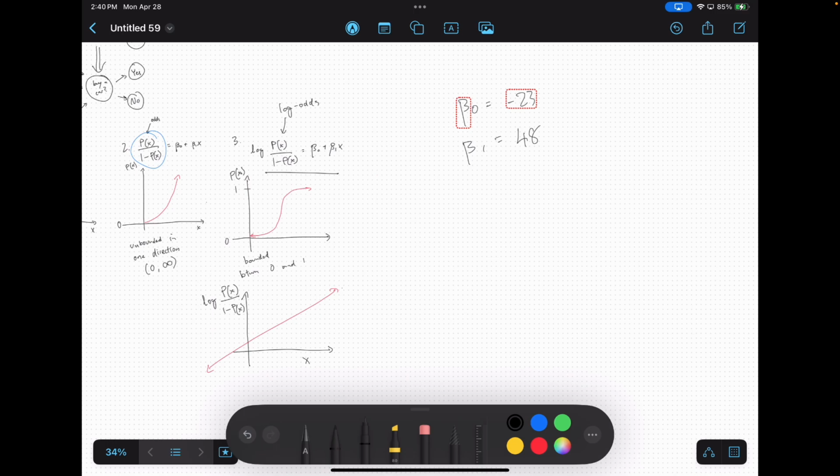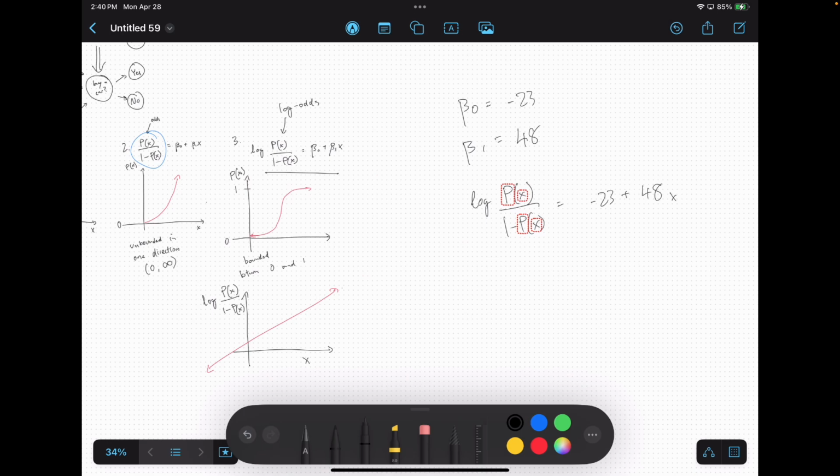So if I wanted to find out the probability of a particular outcome, the way that you would do it is like this, negative 23 plus 48x.